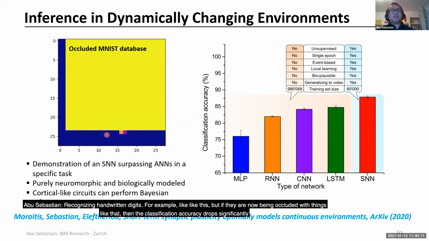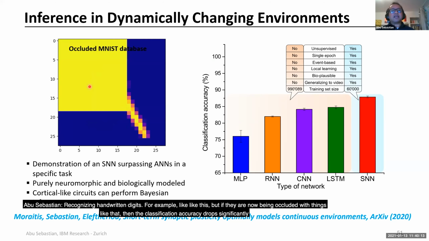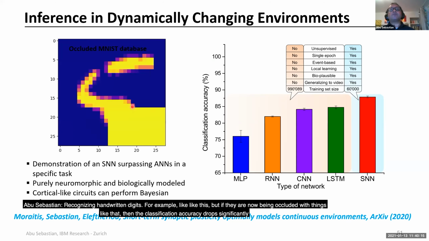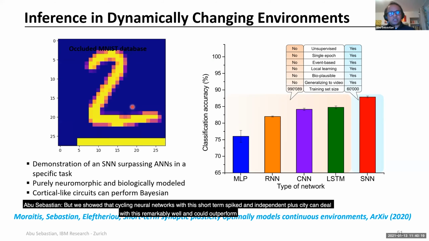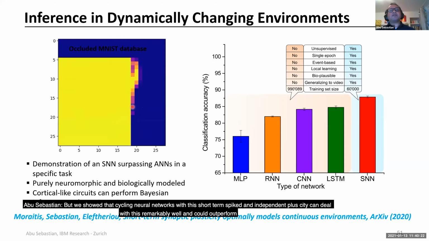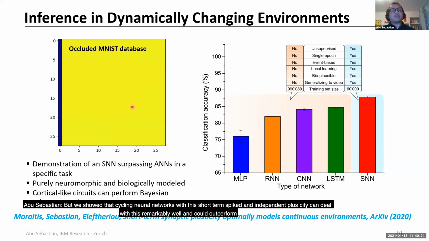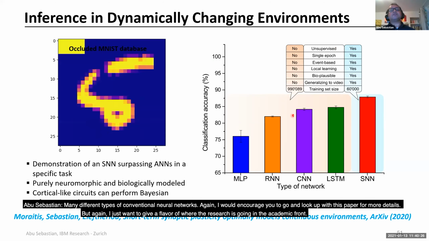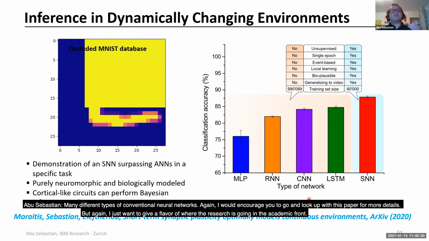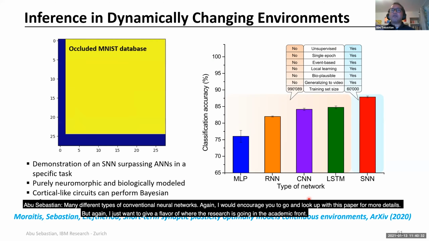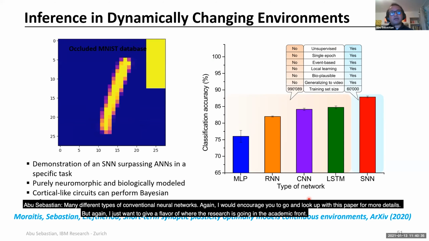But if they are now being occluded with things like that, then the classification accuracy drops significantly. But we showed that spiking neural networks with this short-term spike timing dependent plasticity can deal with this remarkably well and could outperform many different types of conventional neural networks. Again, I would encourage you to go and look up this paper for more details. But again, I just want to give a flavor of where the research is going on the algorithmic front.